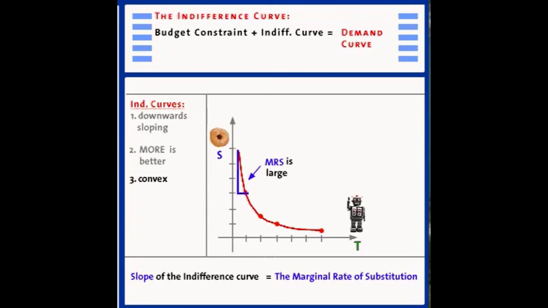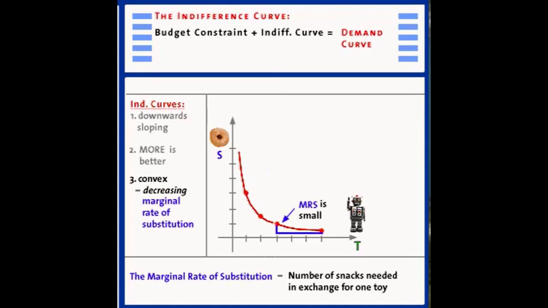As we move down the curve, the marginal rate of substitution gets smaller and smaller. When we get way down here, where the curve is flat, the marginal rate of substitution is very small, which means if I take away one of your toys, I don't have to give you very much snack at all to compensate you. That's because you've got a lot of toys. They're not as valuable to you in terms of snacks.